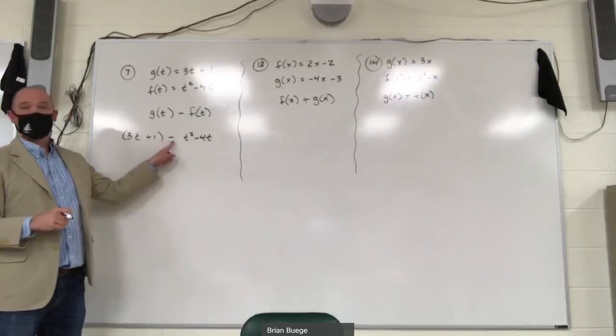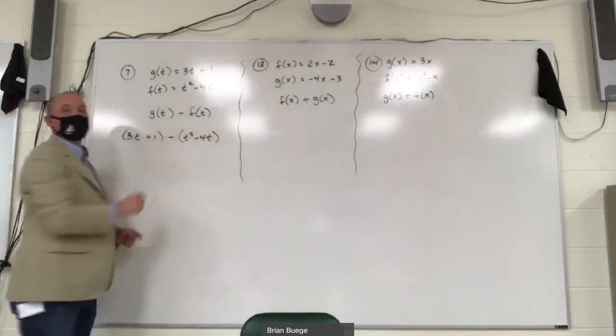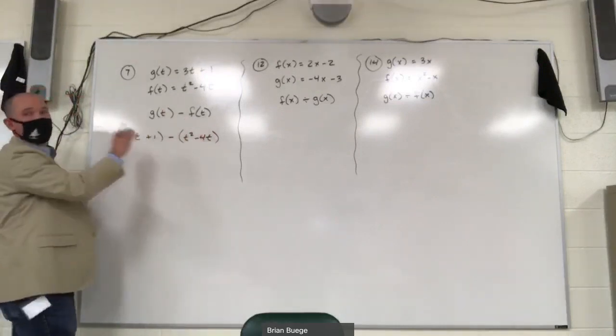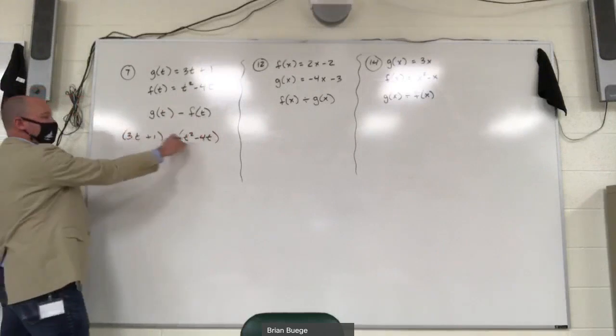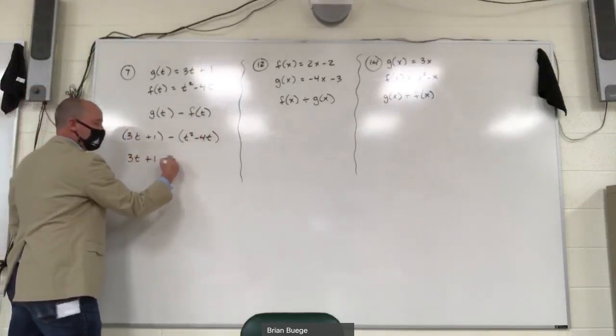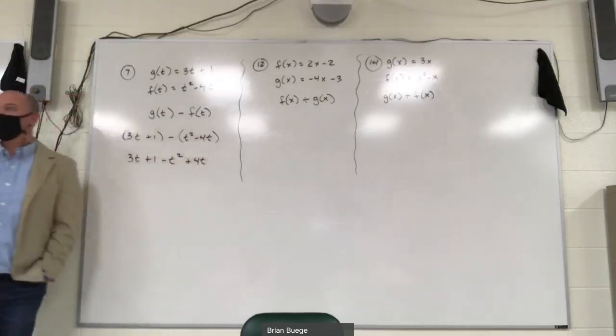Yeah. In this case, you're only subtracting the t squared. You're not actually subtracting the entire function. You've got to distribute that, okay? That's the only reason I put these in parentheses. So if you distribute, you would have 3t plus 1 minus t squared, and then this becomes a plus 4t.